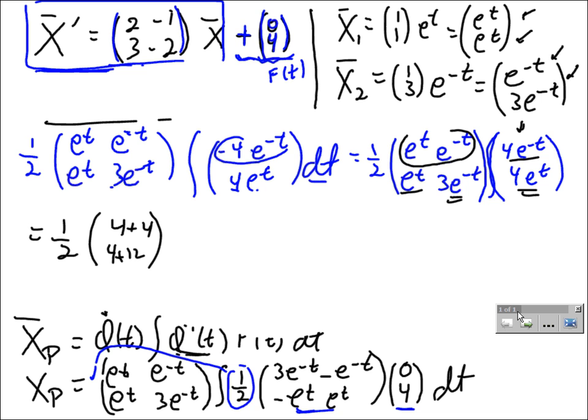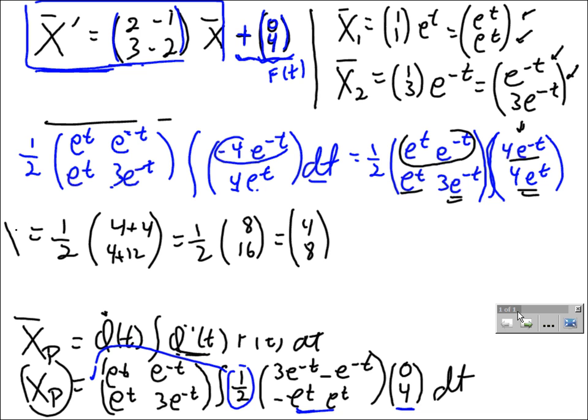This times what's up here is 4 plus 12. So you get half of 8, 16, which is 4, 8. So you get 4, 8. Okay, now that's a big part of this. And remember, that's what xp equals, x particular.